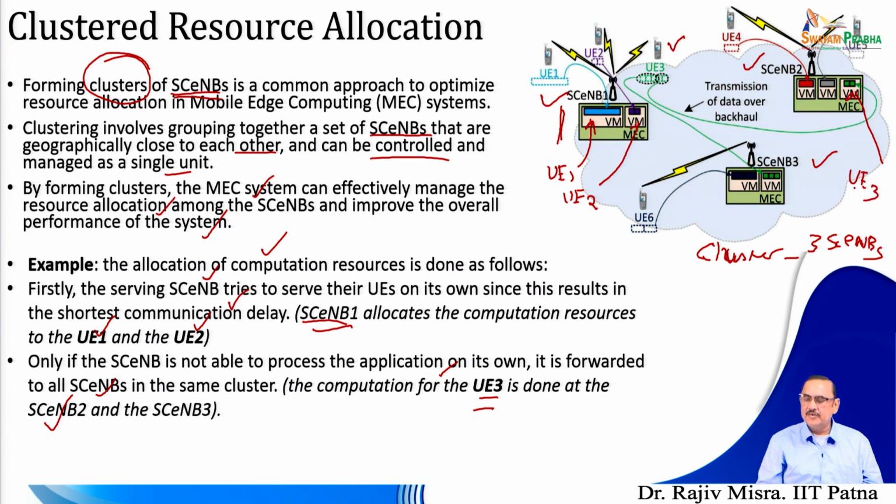The computation of user equipment 3 is done at SCENB2 and SCENB3, so another computation will be done in SCENB3. This is an advantage of clustered resource allocation.